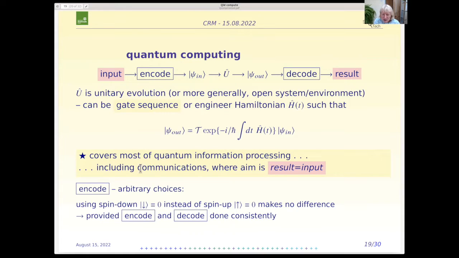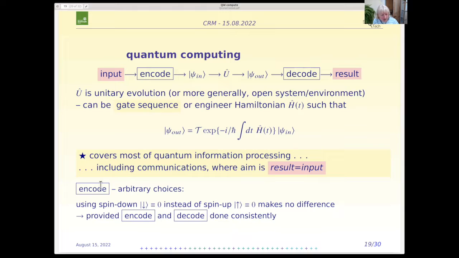If you're doing communications, your aim is to get the result equal to the input because you want to send the message without corruption. And so there's just one more point I want to make out of this general model. You can see it neatly matches the general picture I gave of computing.